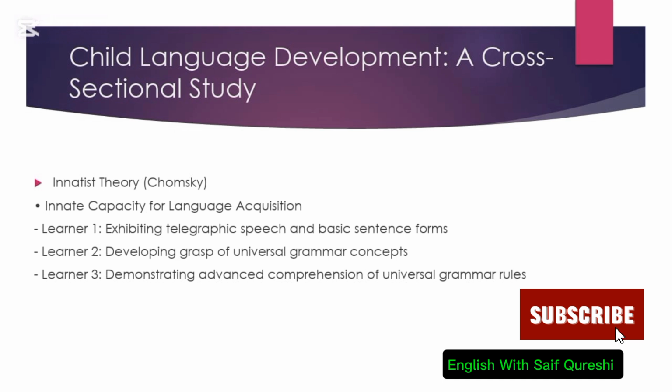Learner 2, developing grasp of universal grammar concepts. So it means that learner 2, at this stage, 5 to 7 years of age, starts to understand universal grammar rules. The next point is learner 3, demonstrating advanced comprehension of grammar rules.